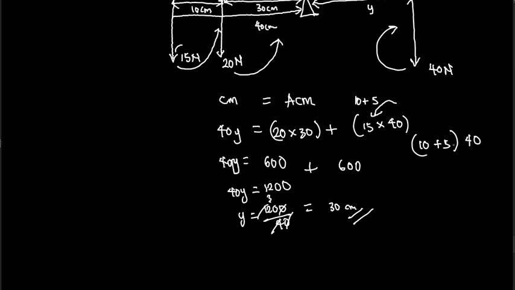So times 40. 40 times 10 is 400. 40 times 5, 4 times 5 is 20, so that's 200. 400 plus 200 gives me 600. Let's just say it's a hack to calculate without a calculator.